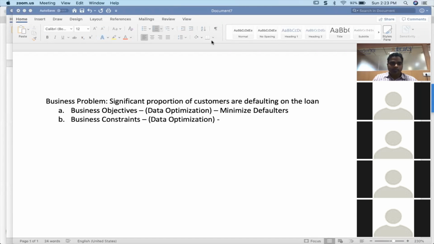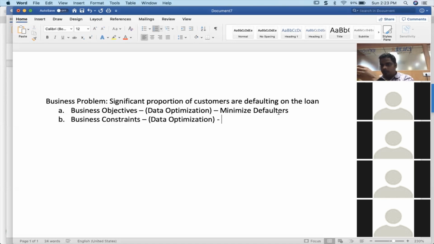Now here, business constraints. When you're trying to minimize the defaulters, and your model predicts that there is an 80% probability that someone will default, or 60% probability, or 52% probability, then you keep rejecting the loans. If you keep rejecting the loans in that way, what will happen to your bank profits? Will your profits go up or come down?